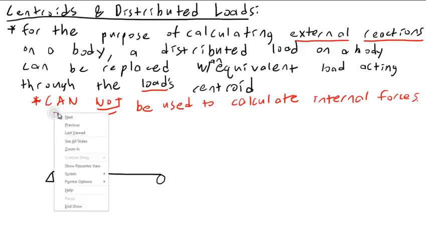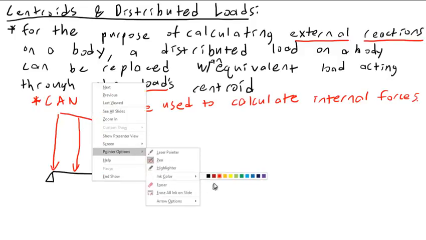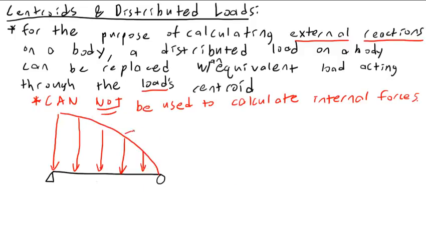And let's say for some insane reason there's a semicircular load on this structure. I don't know why you would have a semicircular load on a structure, but you could.